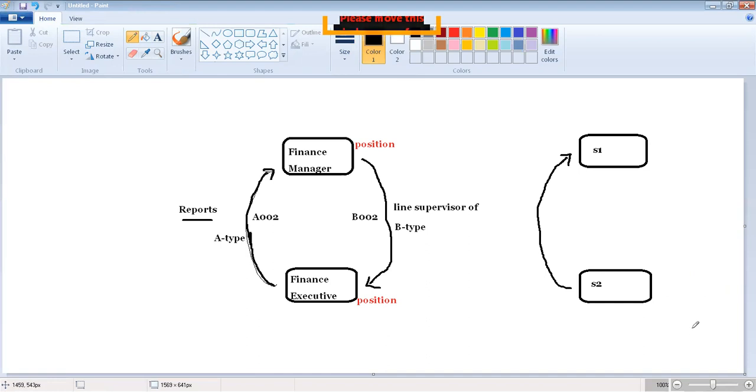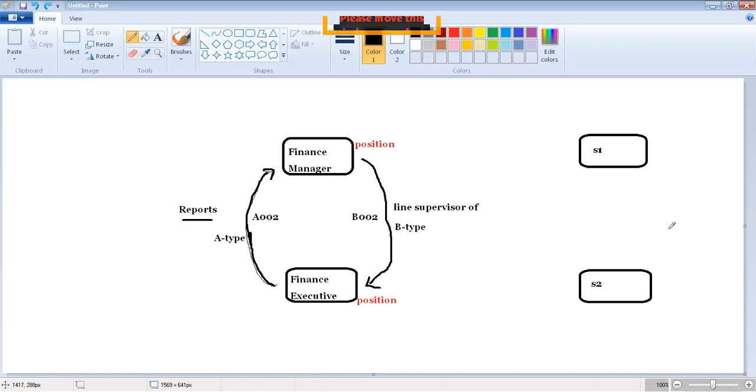And if you leave it like that, then the system will automatically create this relationship. You have created A002 relationship, the system automatically creates B002. This is nothing but A002 relationship, and I leave it like that. Then the system is creating B002 relationship.